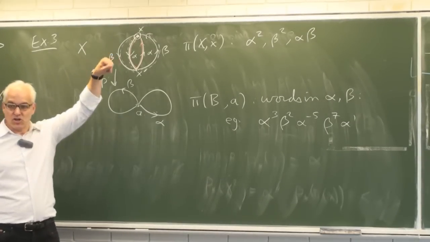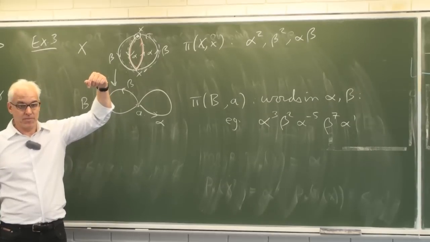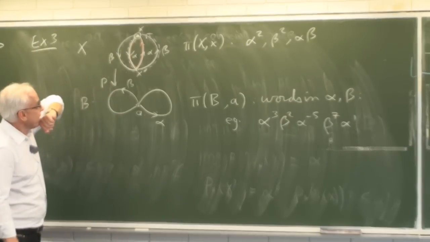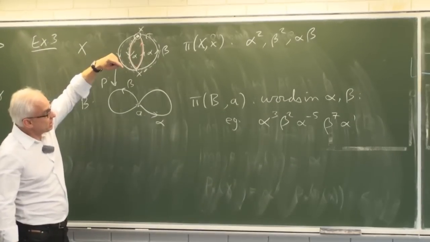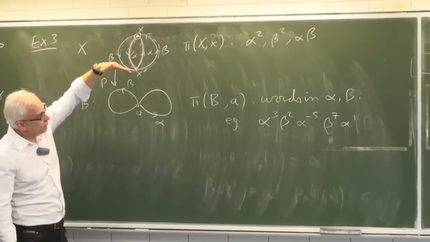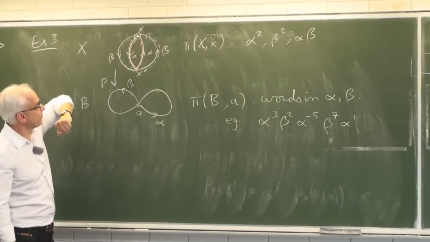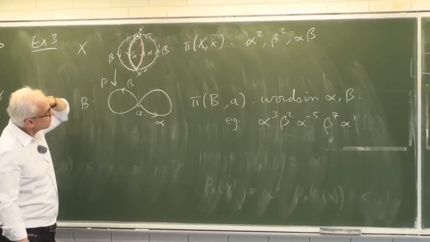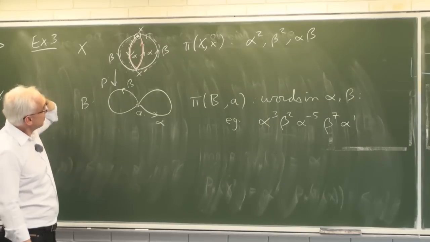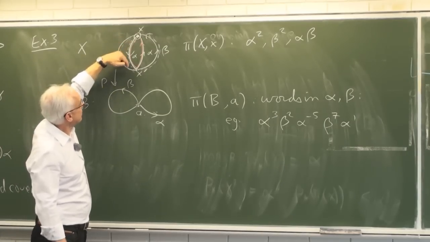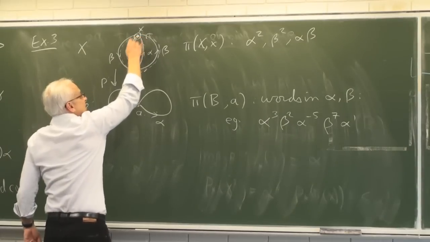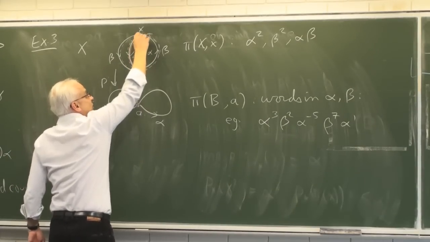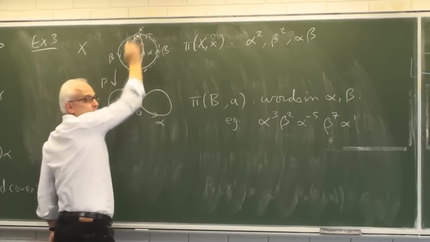So those are generators of the fundamental group. Other loops can be written in terms of those products. For example, the product of this loop with this loop is this loop here.